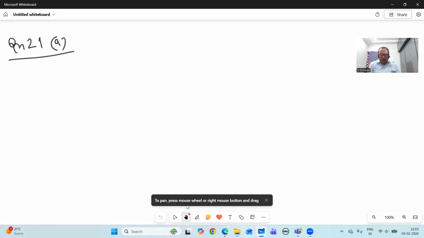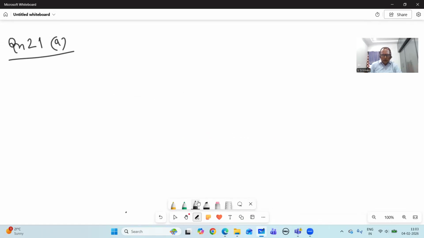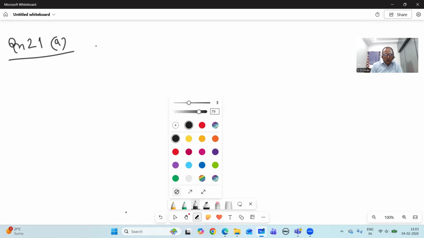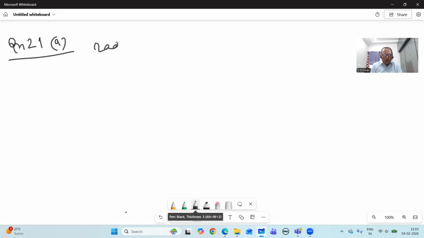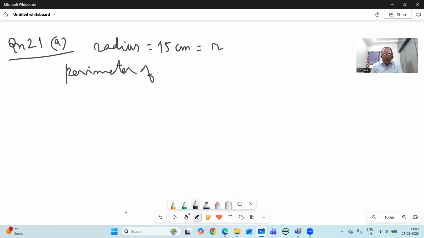Let us call it small r. So what are we given? We are given radius is equal to 15 centimeters. Say this is small r. And perimeter of the sector is given to be 80 centimeters.